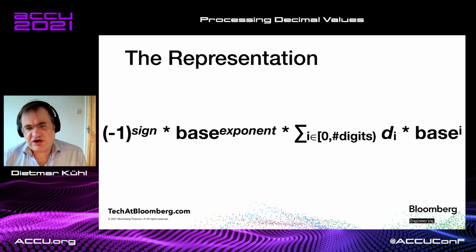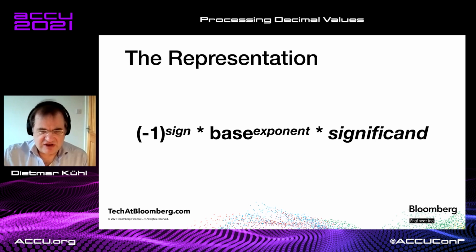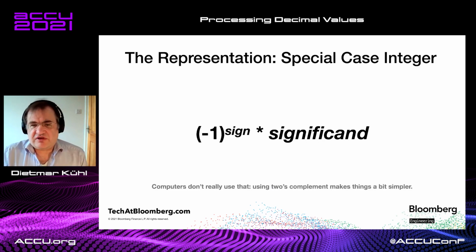The real representation actually doesn't use infinite digits, obviously, we just use a number of digits. And then normally we write it like that, like a significand times the base to the exponent, possibly in a different order. And just for the special cases, one special case is an integer, which could be represented as -1 to the power of sign times significand.